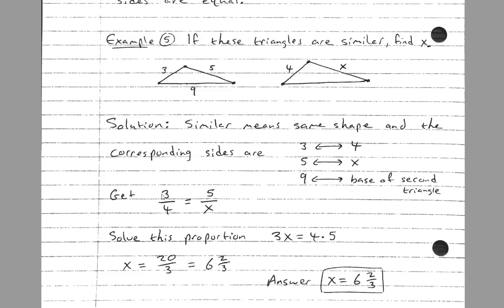Okay, so the ratios of corresponding sides we're using are 3 over 4 is equal to 5 over X. That's because the 3 corresponds to the 4, and the 5 corresponds to the X. And the top numbers come from the first triangle, the bottom numbers come from the second triangle. So that's a good way to do it, to keep them straight.